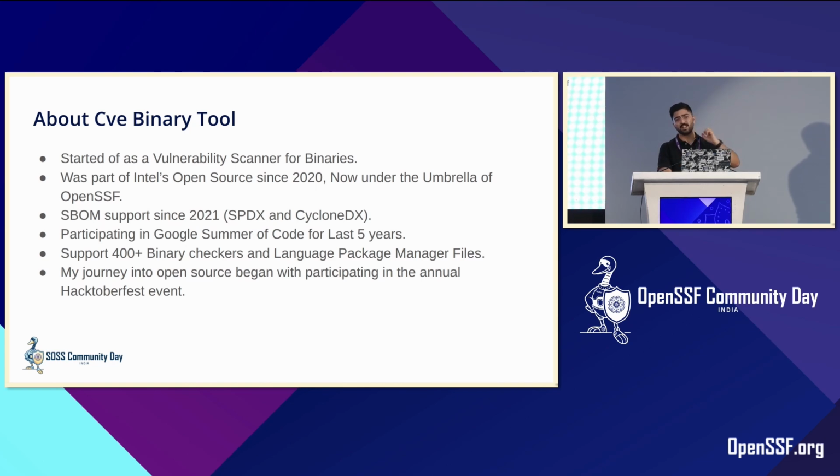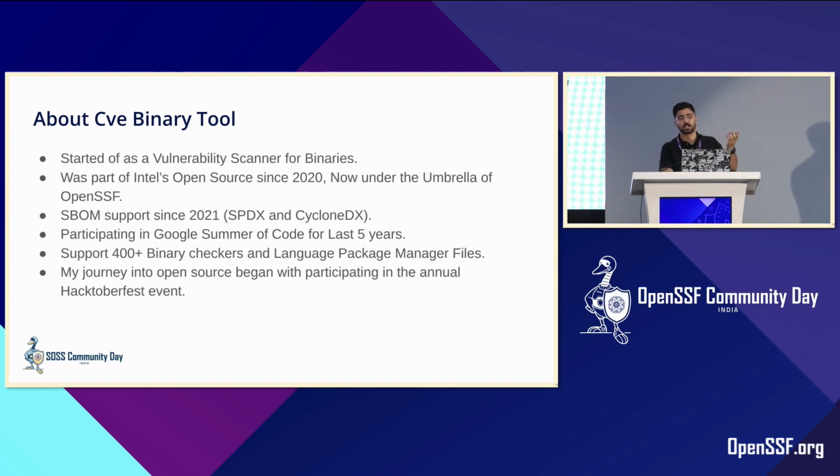We support more than 400 binary checkers. So what you can do is run CVE tool on a binary, and it will tell you exactly what components are present, or maybe you can say what vulnerable components are present, because by default, the checker design is such that you have to include any vulnerable component, like patterns and all, so it will only detect those.